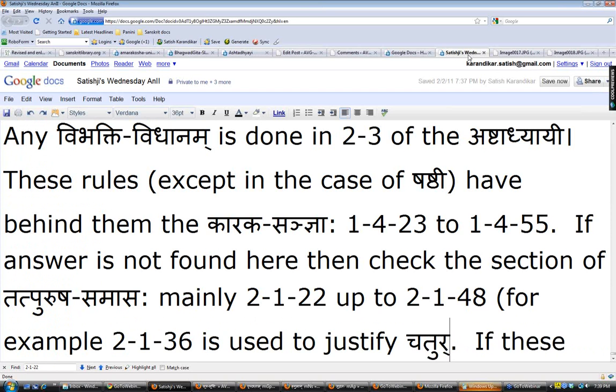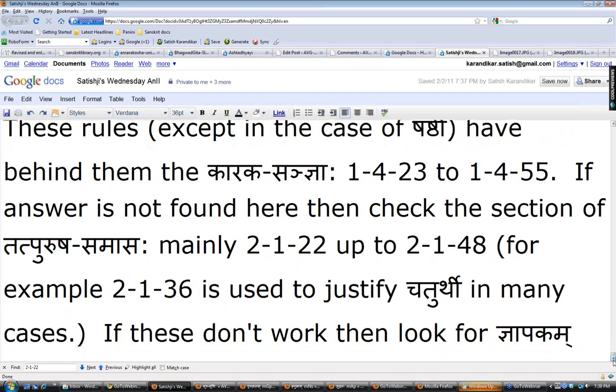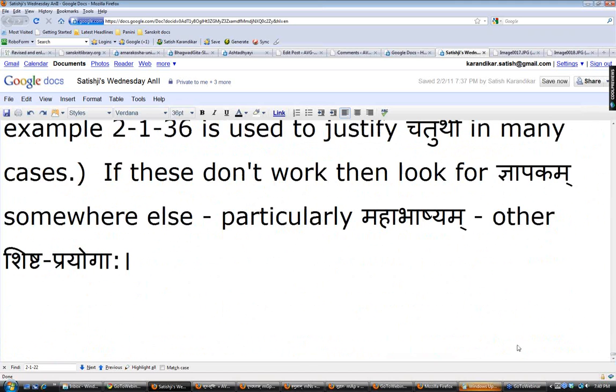I'm sorry, Chaturthi. This is very important, Chaturthi Vibhakti, in many cases. Okay. Now, if that also fails, then you have to look for a Nyapakam either in Ashtadhyayi itself or Mahabhashyam or some Shishta Prayoga. So that is the template now for you.